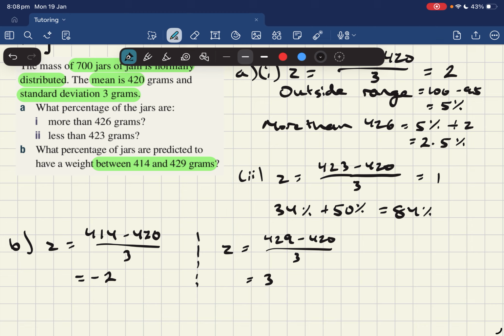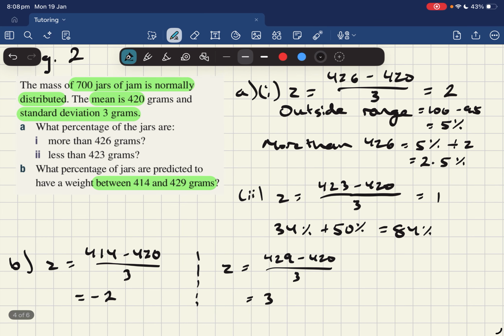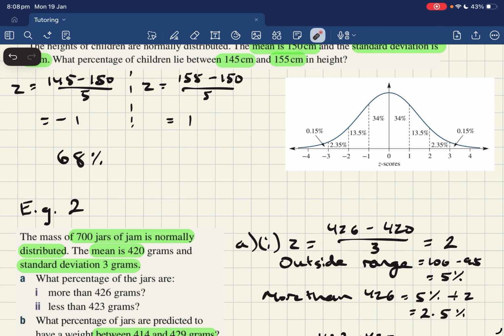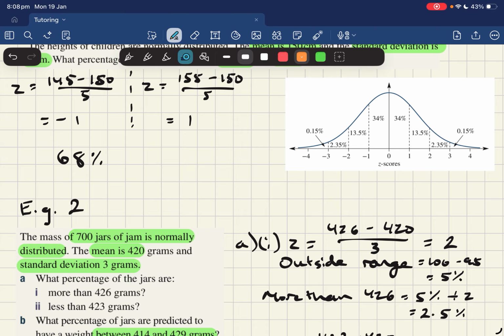So we are looking in between -2 and +3. This entire section here. Let me just highlight it. We're looking for this part here.